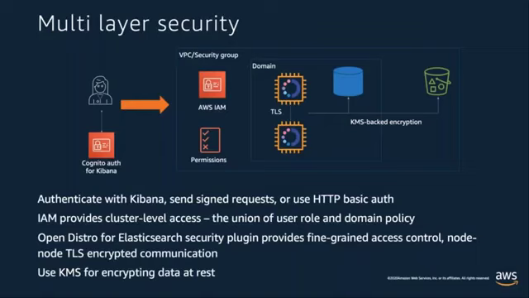Once traffic gets into the domain, we have our fine-grained access control provided by our Open Distro for Elasticsearch security plugin. You can set up based on the Cognito role, or you can use basic HTTP auth, username and password auth.